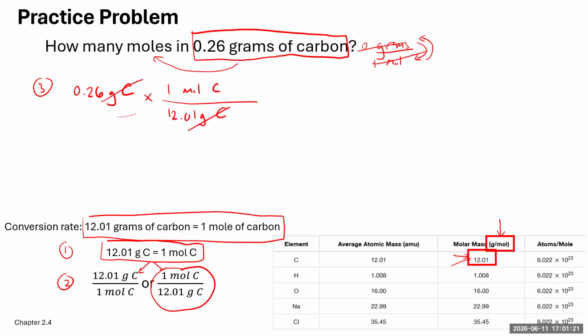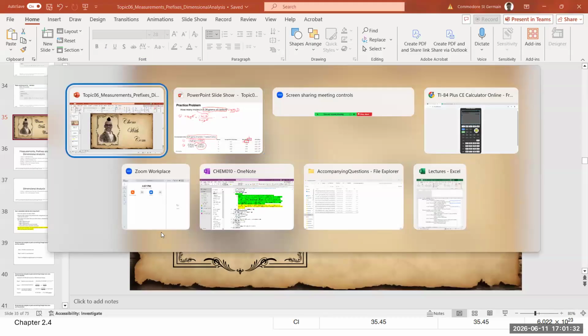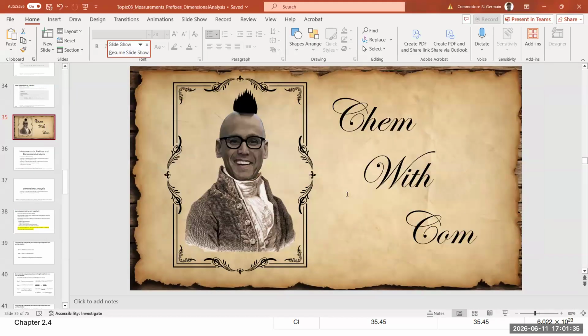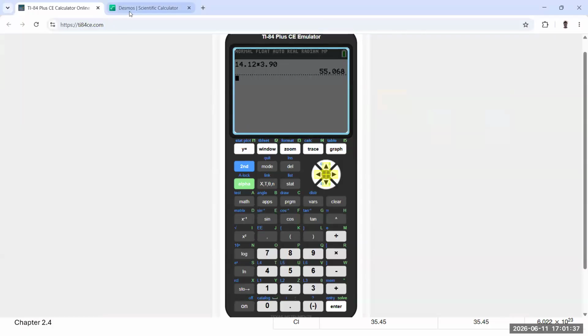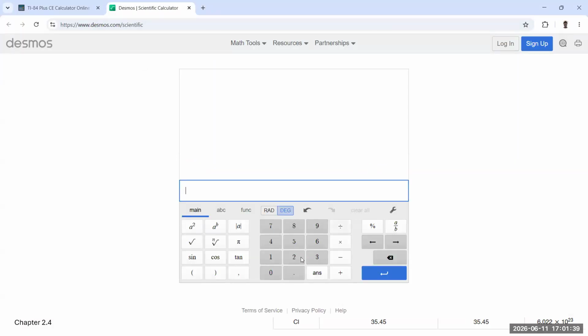Grams of carbon cancel out, and now we're left with moles of carbon because that's all we have left. So we're going to do 0.26. Where are we at? Let's go back to this other calculator. 0.26 divided by 12.01. And I got 0.0216486.